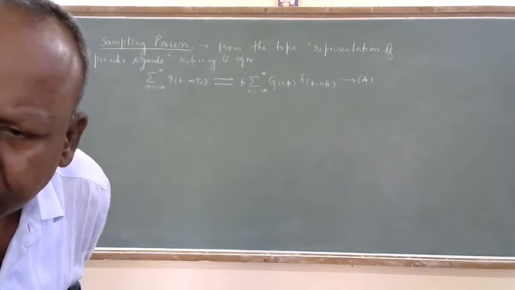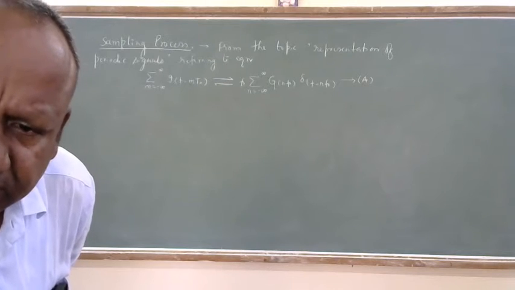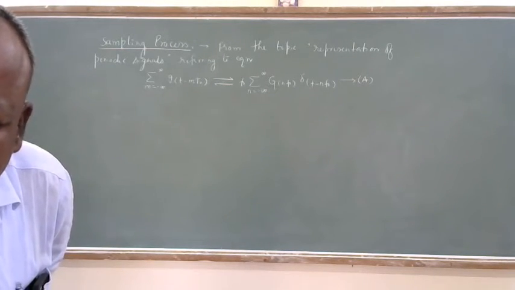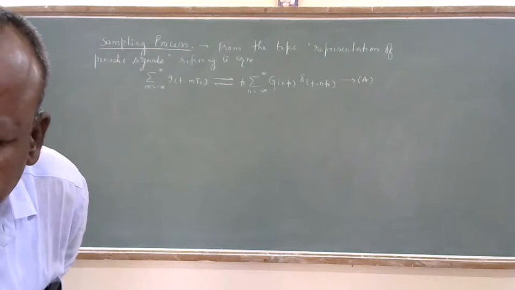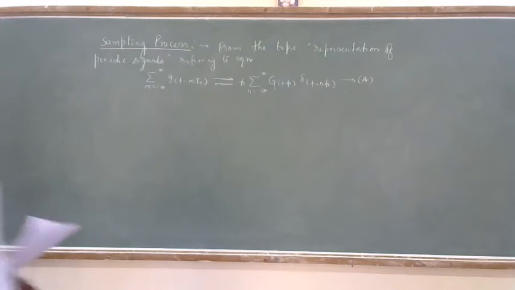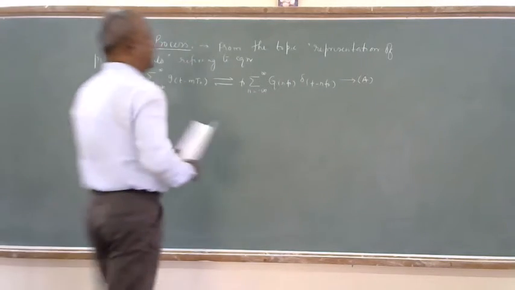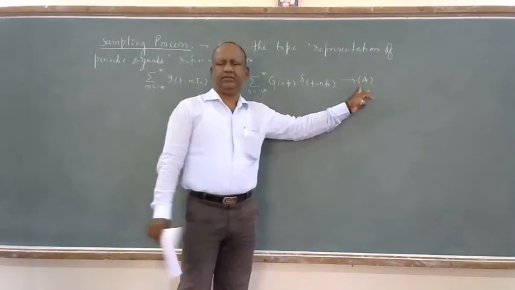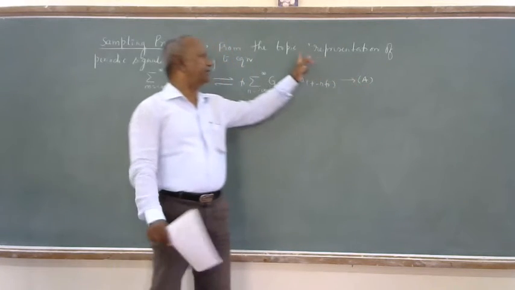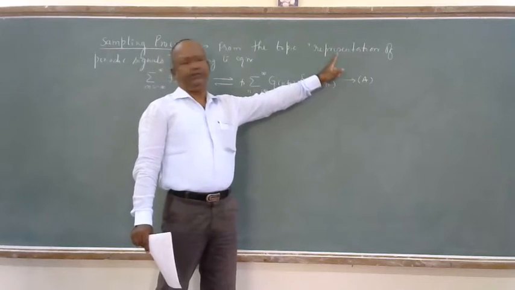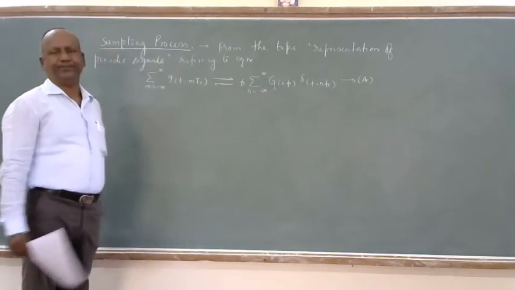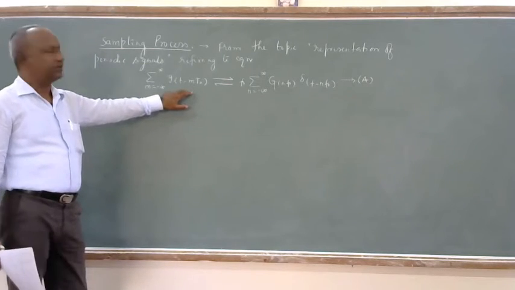So this equation is taken as A because it is not a part of the sampling process. It is copied from chapter 2, which is the representation of periodic signals. From that we have copied it because it is a basic reference for the sampling process.